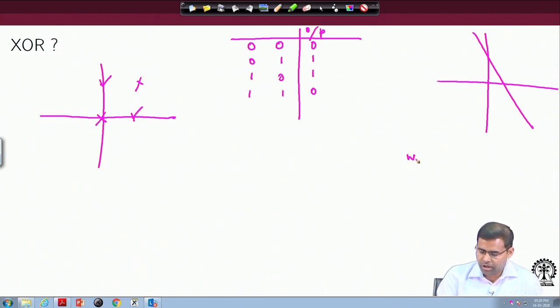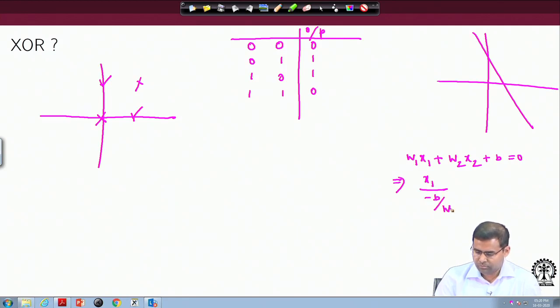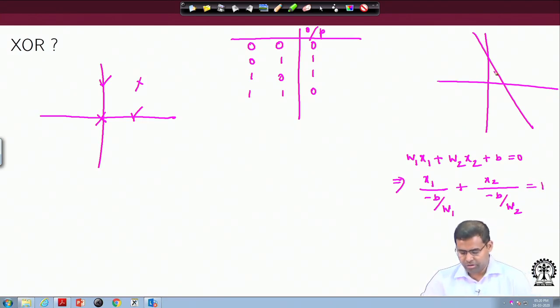So, I can simply write it as an equation of this kind of form. Essentially this is the way we can capture any such linear classifier which is separating the values, but as we see for XOR this is not possible.